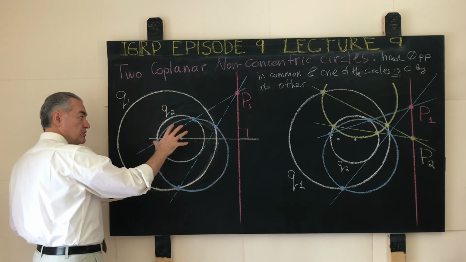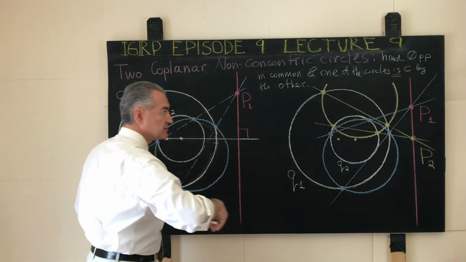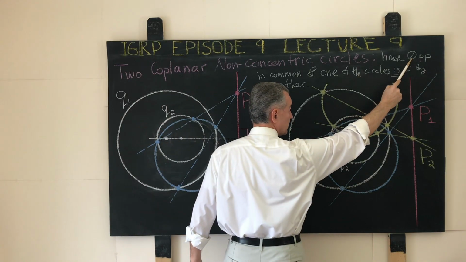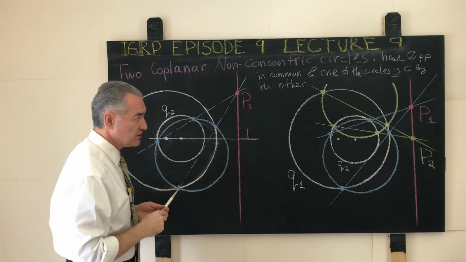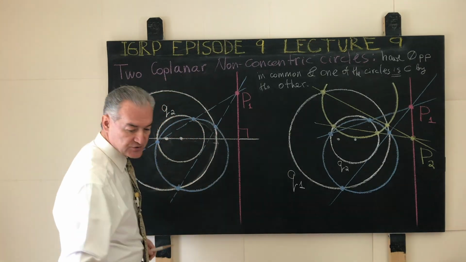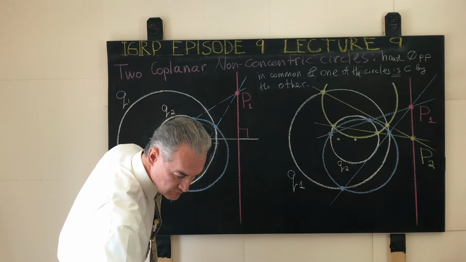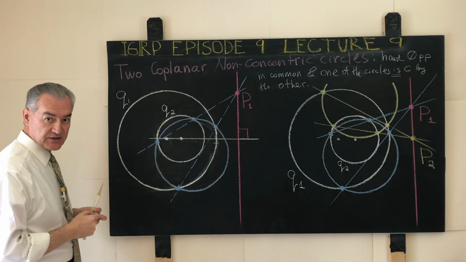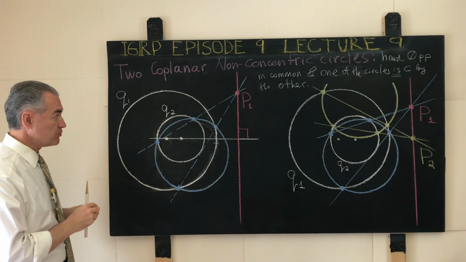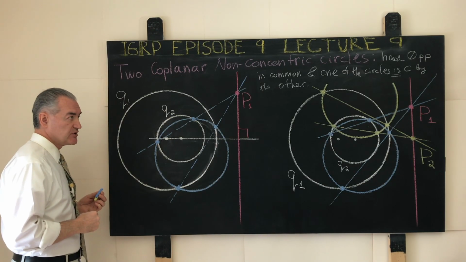When one circle is completely contained in the other and the circles have precisely, remember, precisely 0 points in common, then we cannot really construct a common tangent as we did in the previous case when we capitalized on a geometric interpretation of the power of a point with respect to a circle.